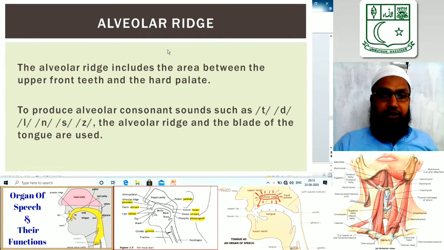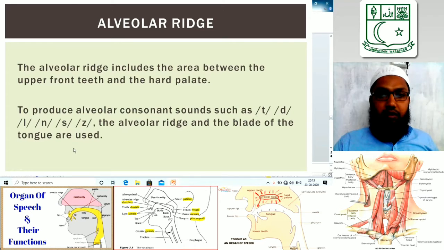Then alveolar ridge. Alveolar ridge includes the area between the upper front teeth and hard palate, to produce alveolar consonant sounds such as ta, da, la, na, sa, za. The alveolar ridge and the blade of the tongue are used to produce alveolar sounds.